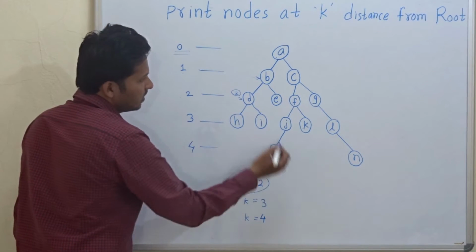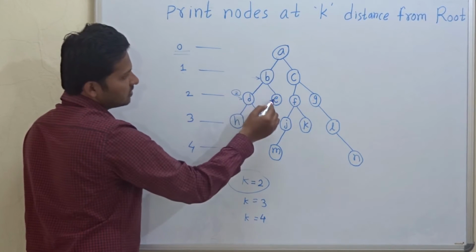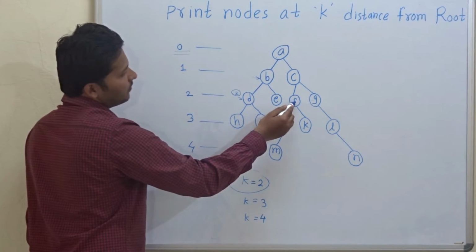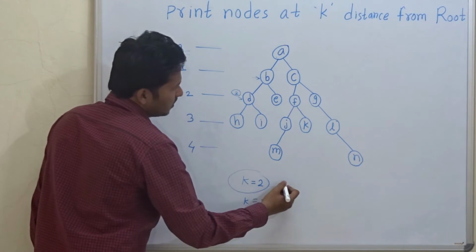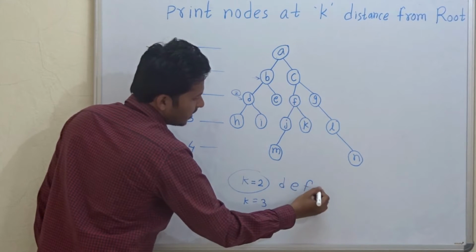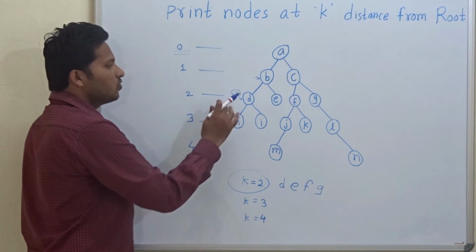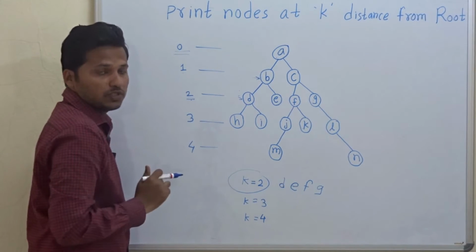So our answer is D. And similarly E is also at distance 2, and F and G are also at distance 2 from the root. So let's write here D, E, F and G are the nodes which are at distance 2 from the root.